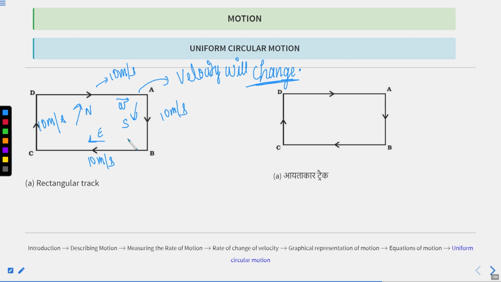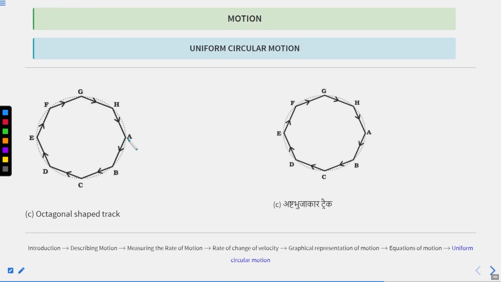So this is an example where an object's velocity may get changed because the direction is getting changed, while the speed remains constant.